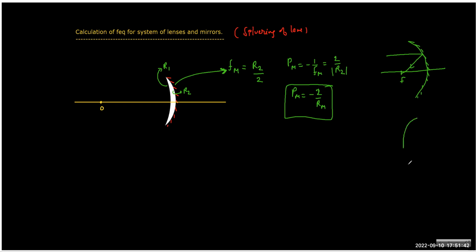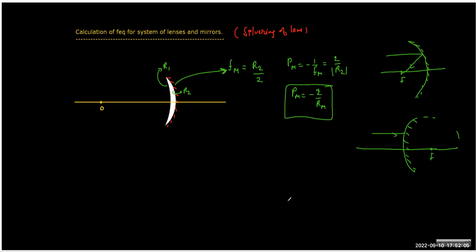If you have a convex mirror, so light will come from this side. And we have the center this side. So the focal length will be on the right side, which is positive. So because the focal length is positive, power will be negative.